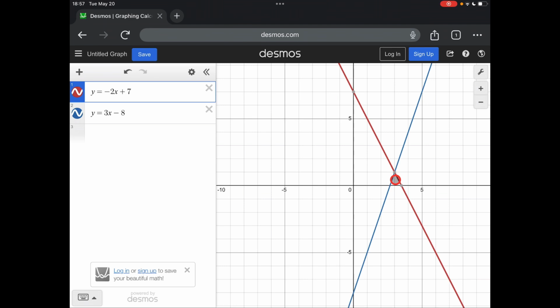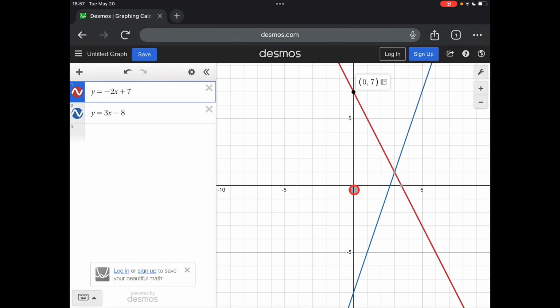So we'll start off with our first equation, y equals negative 2x plus 7. So I think it's always easy to start at the point where it crosses our y-axis, which for this equation is 0, 7. And to analyze slope, it's basically for every x value.